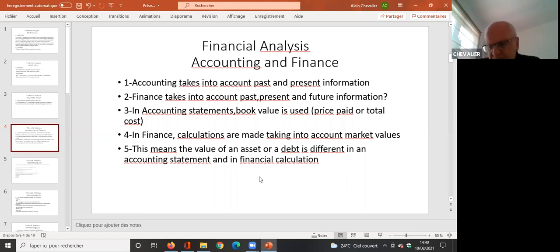So market value, book value, replacement value, that's at least 3 different systems of valuation. And this, of course, has an influence on all the approaches and valuations in finance, but particularly in financial analysis and valuation.